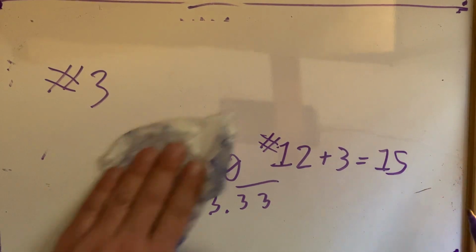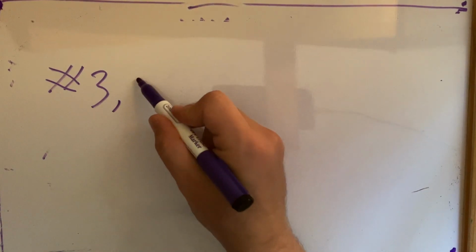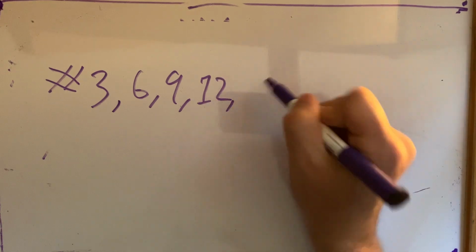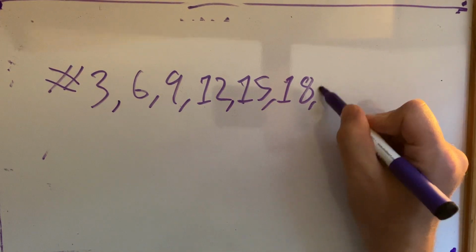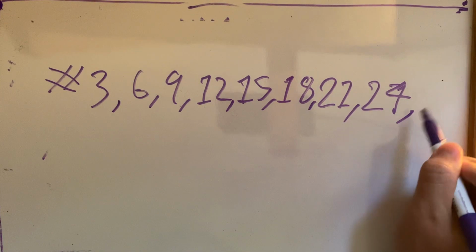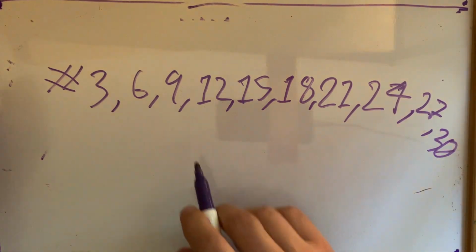And we don't get a constant pattern because of that. So multiples of 3 go 3, 6, 9, 12, 15, 18, 21, 24, 27, 30. It's a mess.